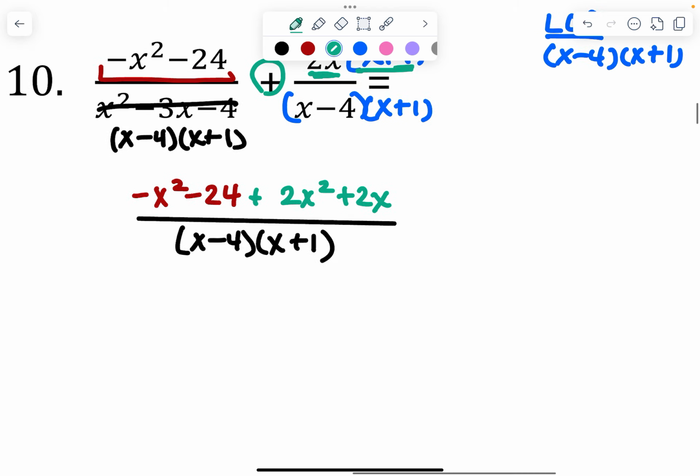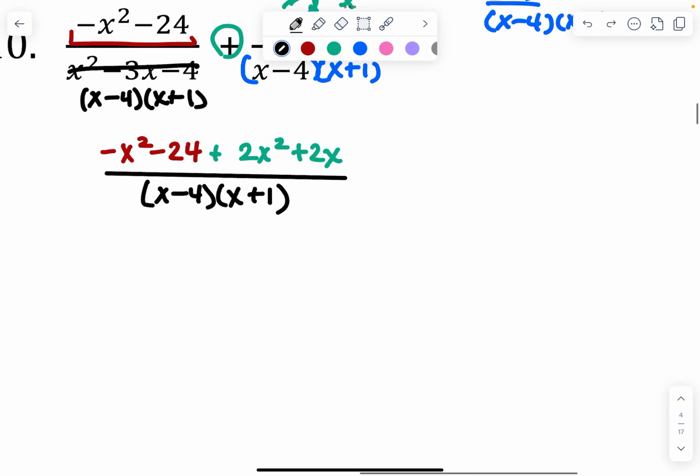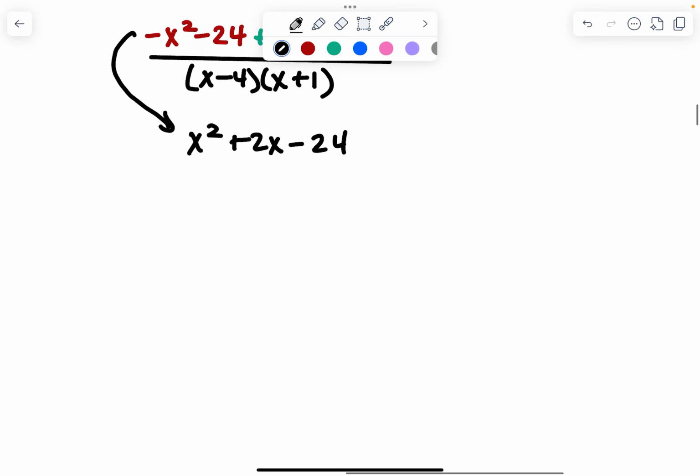Right? And then this -x squared and 2x squared becomes, I don't want to cross those off. It looks like things are canceling. -x squared plus 2x squared is just x squared. And then we have a plus 2x and a minus 24. Just simplifying the numerator. And that easily factors to (x plus 6)(x minus 4).